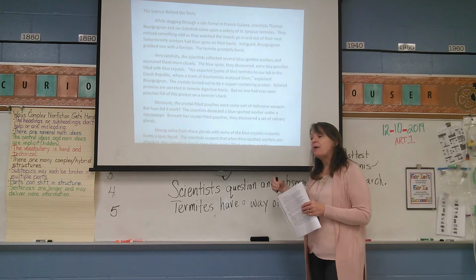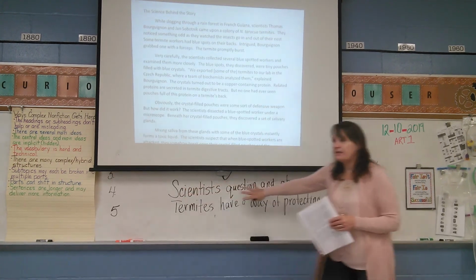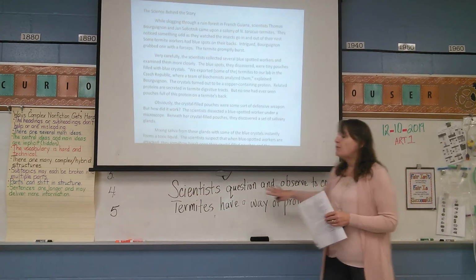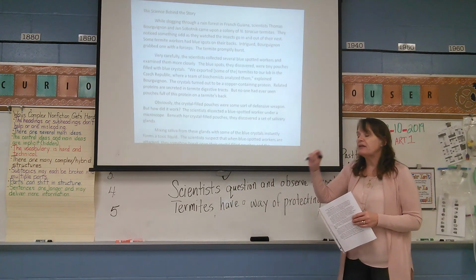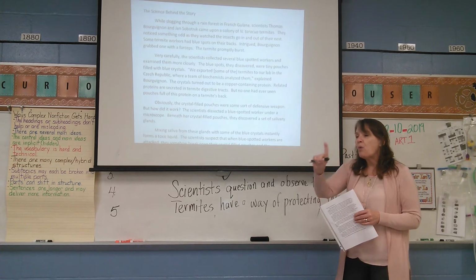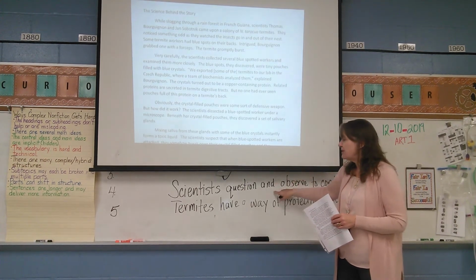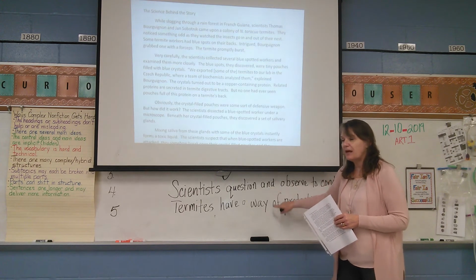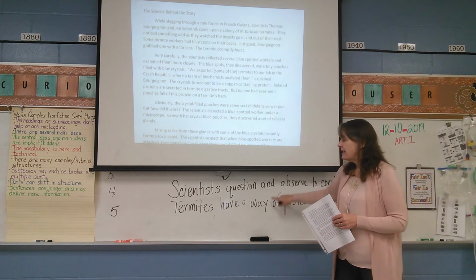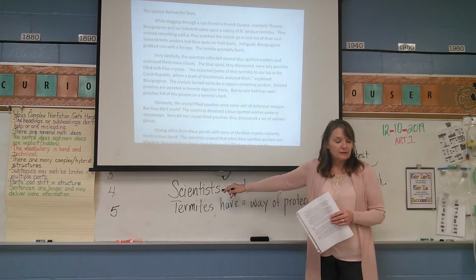Okay, so now what I'd like you to do is keep this in mind with your partner. I want you to use these two main ideas, and here's the challenge: come up with 1 or 2 sentences with details to support each of these main ideas. Now remember, we already started our summary, right?